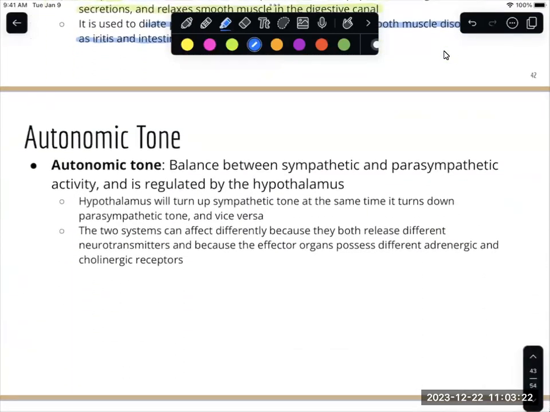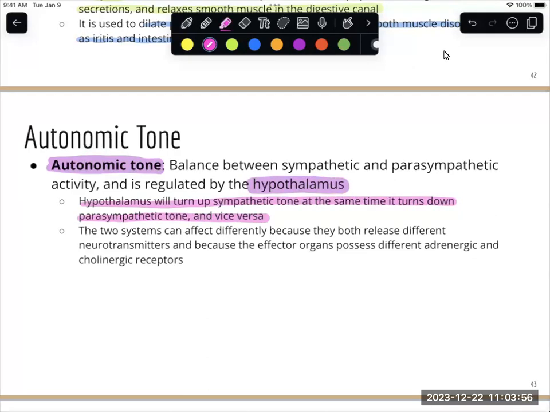And then we also have autonomic tone. This autonomic tone creates this balance between the parasympathetic and the sympathetic. The hypothalamus is going to regulate this autonomic tone. So it will turn up sympathetic tone at the same time it turns down that parasympathetic tone and vice versa.